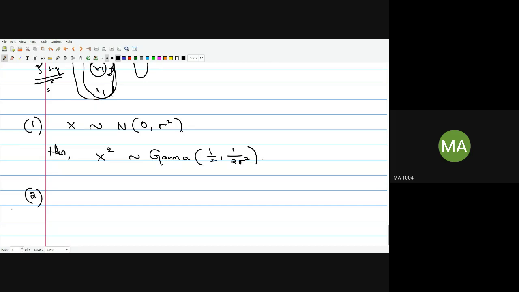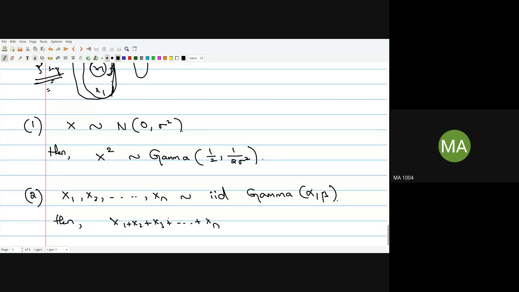And the second thing you require is, if I have x1, x2 to xn, which are IID gamma alpha beta, then x1 plus x2 plus x3 and so on plus xn, this random variable will follow gamma n alpha beta.